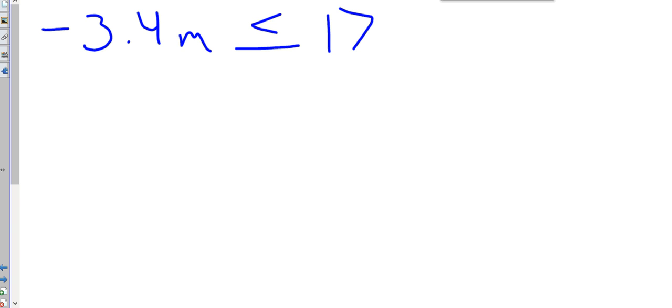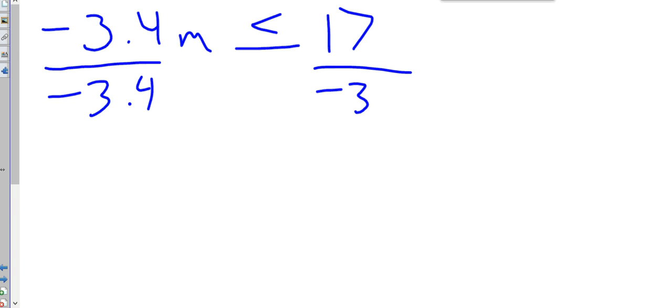If we were to solve this the way we solved this before, we would right away jump into the inverse operation and the equality property of division, which would say I'm going to divide by negative 3.4 and then divide this side by negative 3.4 also. So these, of course, would cancel each other out and give you an m.